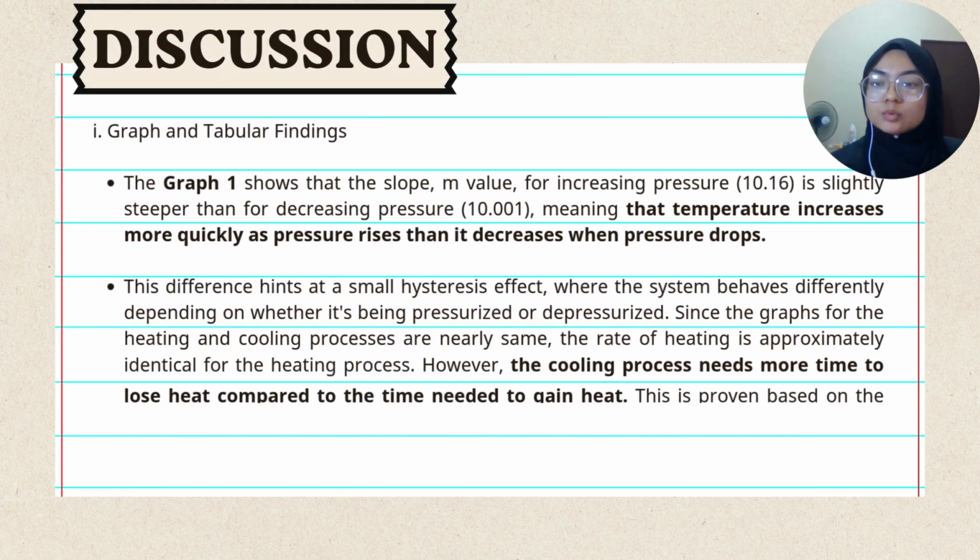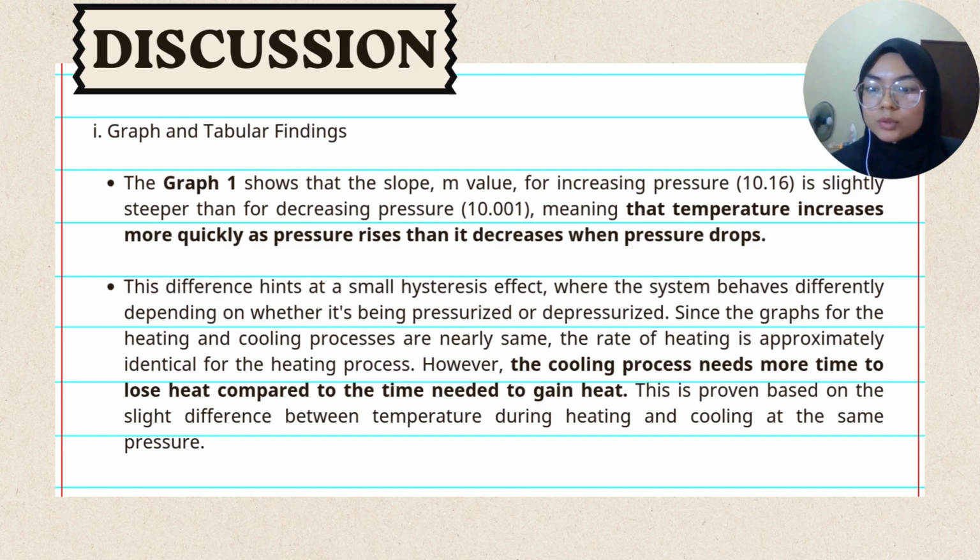For the discussion, we will discuss table 1, graph 1, and also graph 2 that was explained by Lukman before. For the graph and the tabular findings, we will be using them for comparing pressure and temperature, which both remain stable during this experiment.